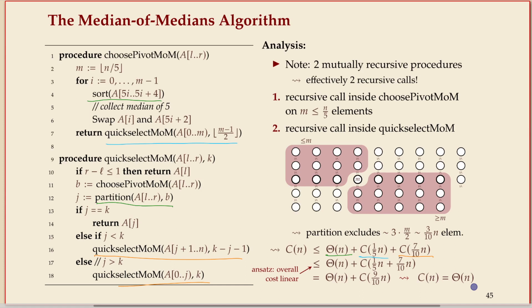That's the median of medians algorithm. So it's a deterministic algorithm that always has linear time, worst case cost for finding any rank in an array. As part of the more sophisticated divide and conquer algorithms. So you don't need to know the analysis in more detail than what I showed here.